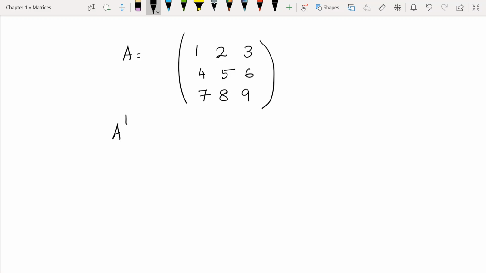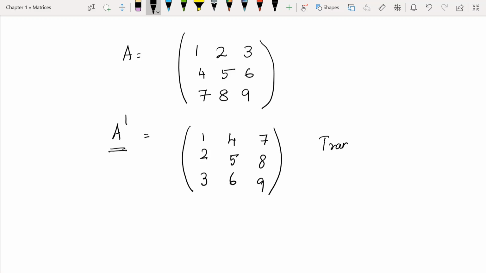Now A transpose is nothing but, I'm going to rewrite this as 1, 4, 7, 2, 5, 8, 3, 6, 9. This is called the transpose. What is the transpose of a matrix? This row 1, 2, 3 became the column here. The third row became the third column here.